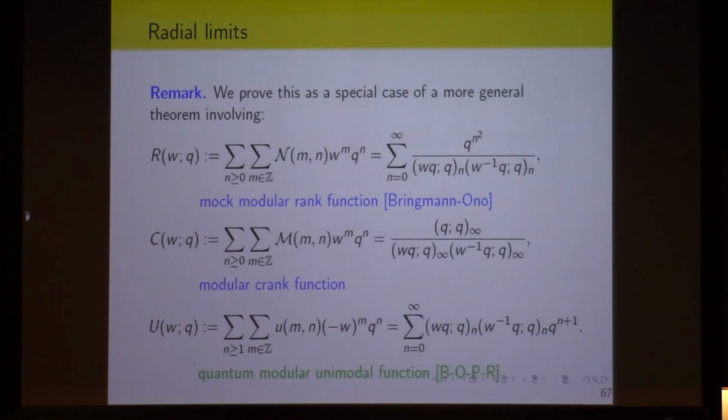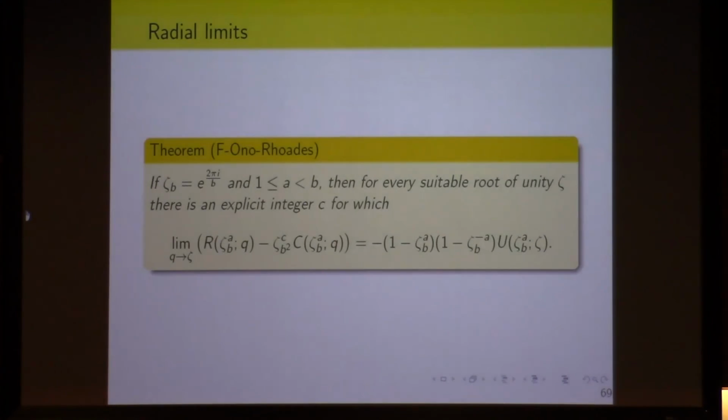Well, it turns out to be a special case of a more general theorem that we prove using three two-variable combinatorial modular and Mock modular and quantum modular forms. So if we fix one argument of these functions to be a fixed root of unity and let q approach another, we end up with the radial limit being a special value of the unimodal rank generating function. So what are we saying?